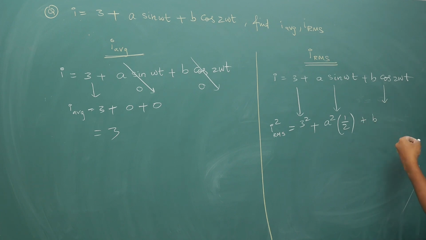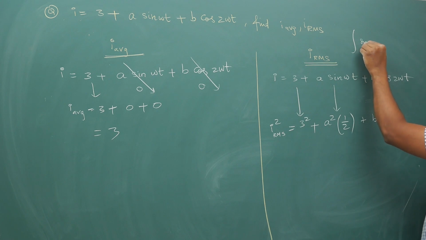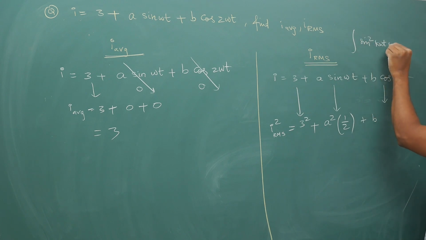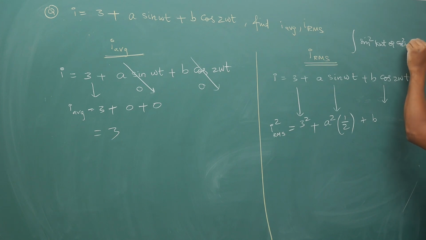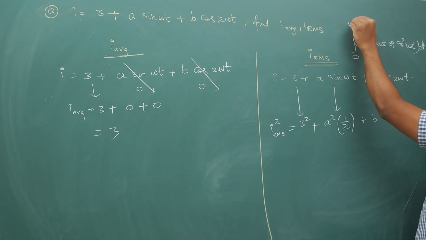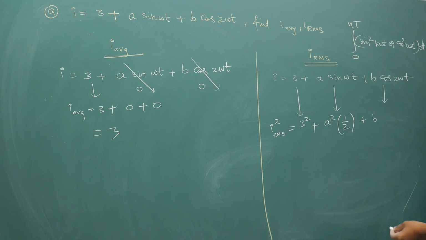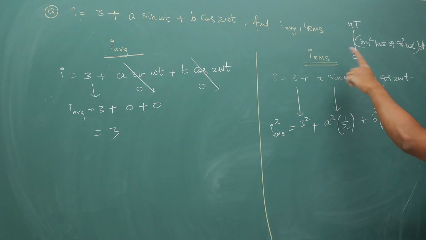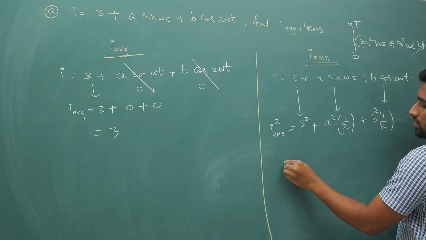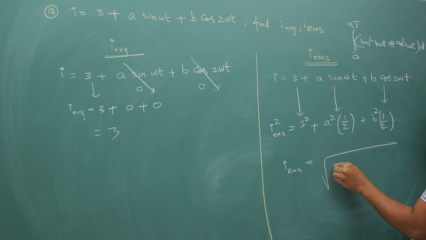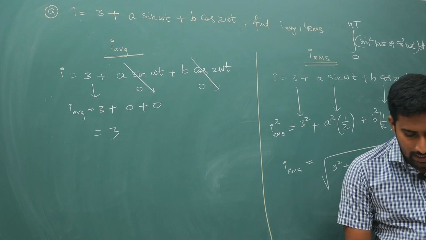If you remember the previous expression, the integral of sin square k omega t or cos square k omega t dt gives nT by 2 if it is n cycles, 0 to nT. Here you only have one cycle, so it is T by 2. So that 1 by 2 factor comes even here, even though it is cos 2 omega t. So it is b square times 1 by 2. IRMS square is the mean of the square. So your IRMS is the square root of 3 square plus a square by 2 plus b square by 2. Like this, for basic functions you can do the calculations.